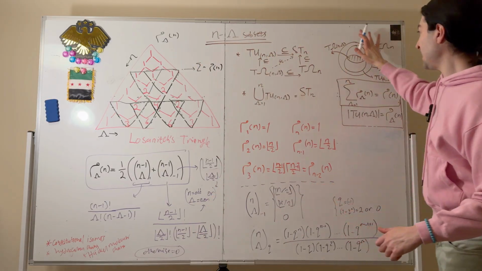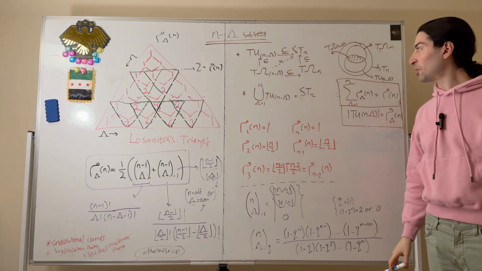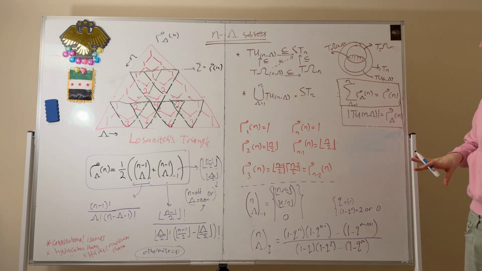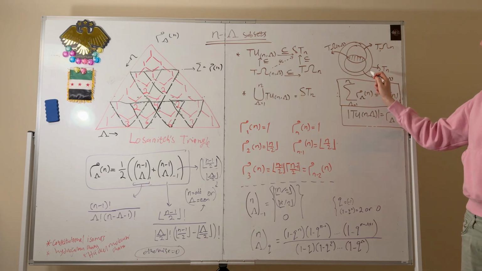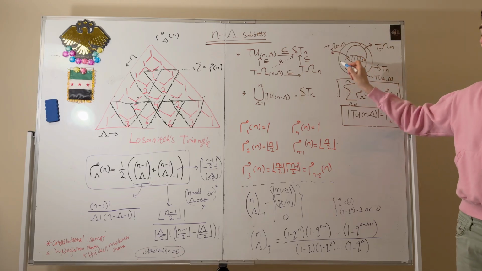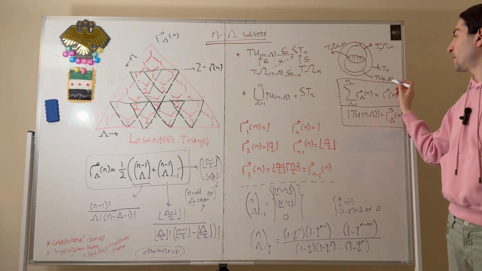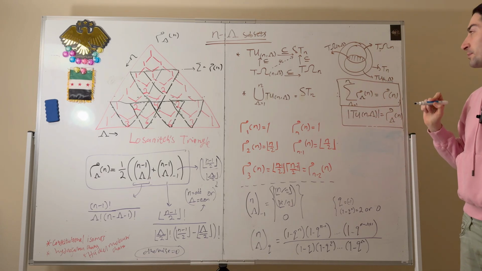We have STn, that's the complete sectoral set of degree n. This will make it easier to see. We've got the Tu n lambda subset, which are all the structures within this set that have an order of lambda.